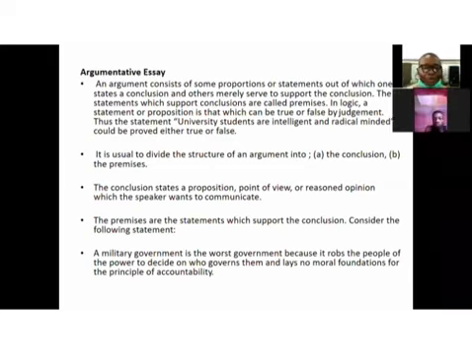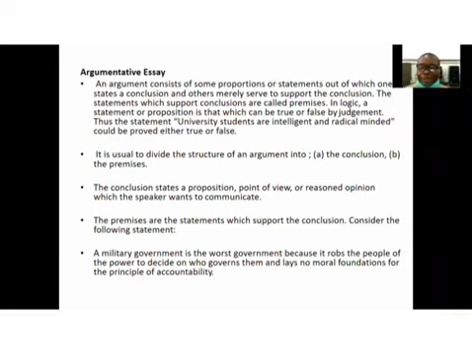It is usual to divide the structure of an argument into the conclusion and the premises. The conclusion states a proposition, point of view, or reasoned opinion which the speaker wants to communicate. The premises are the statements which support the conclusion.